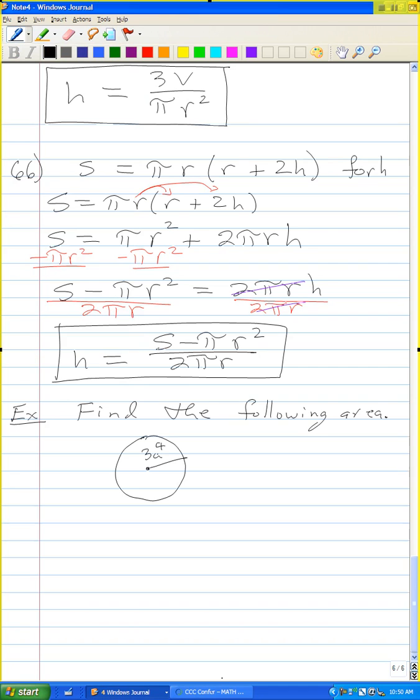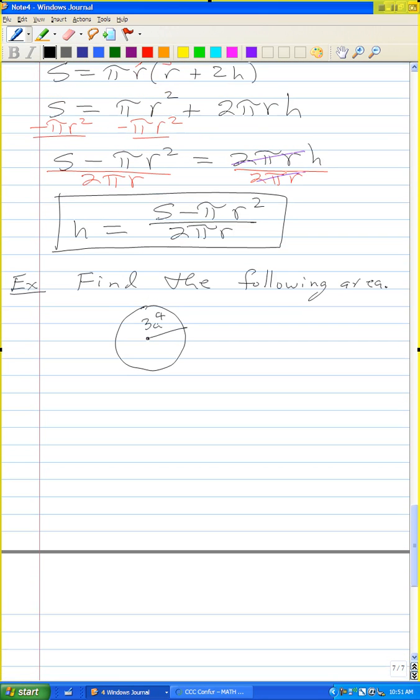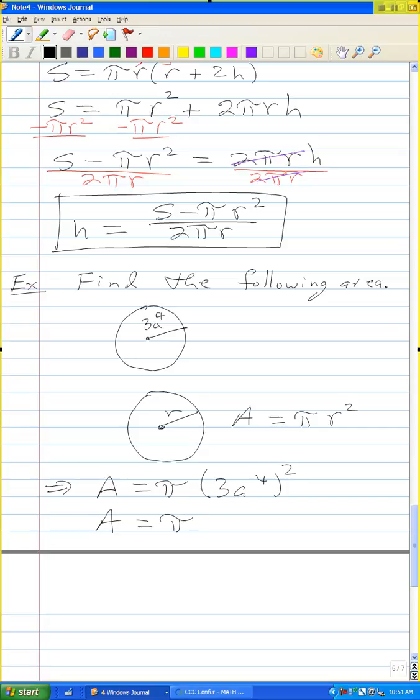I know that the area of a circle is pi r squared. Therefore, the area is pi times r, 3a to the fourth, squared. 3 squared is 9.